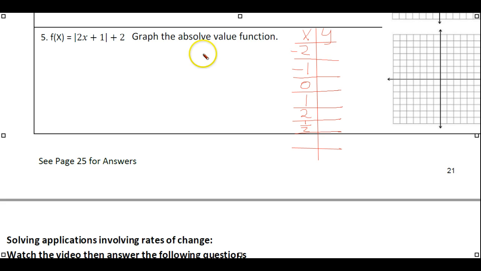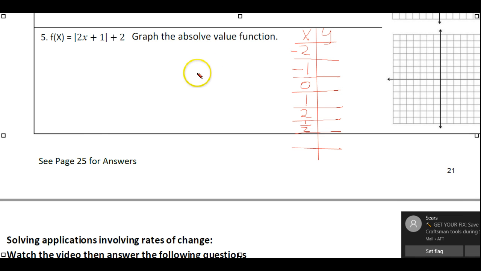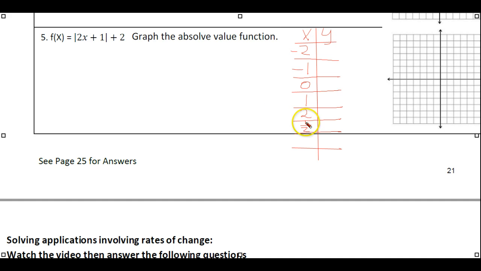Now I played around with this a little bit so we can actually get some points. So we'll give you some time to plug these in. Now remember, once it comes out of there, it's going to come out as positive. Then we add 2 to every item. All right, let's plot some of these now. And let's just do one here.